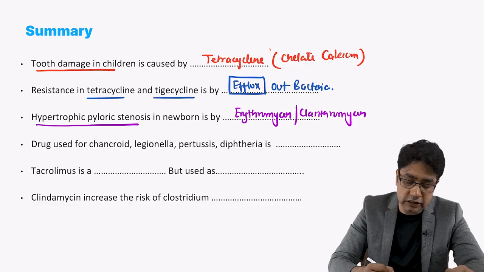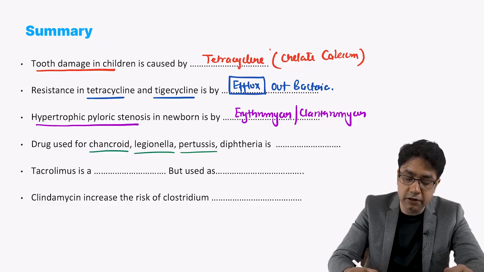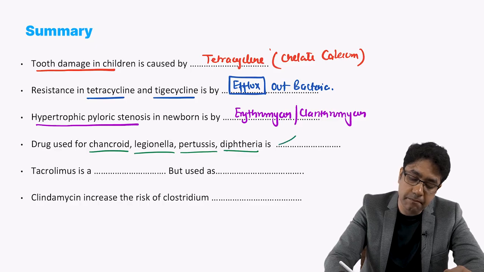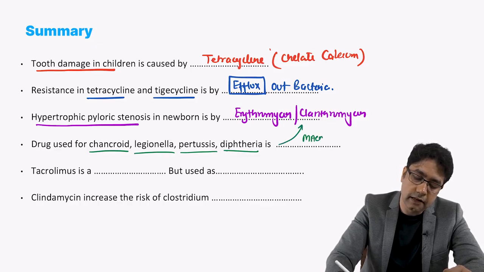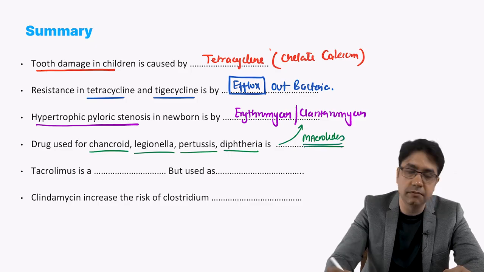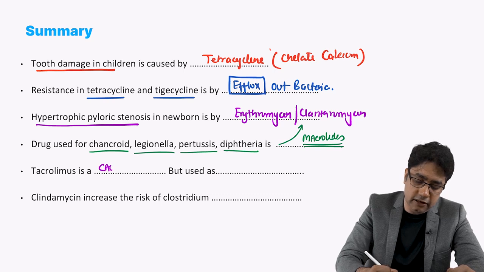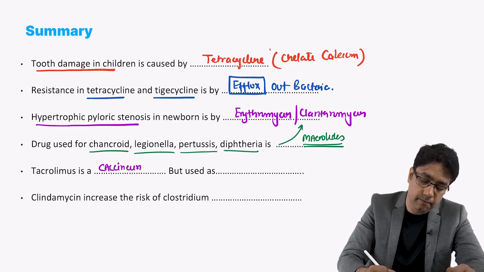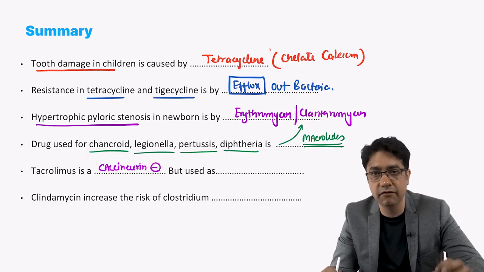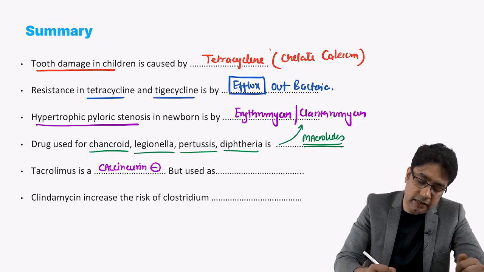What was the drug of choice for chancroid, legionella, pertussis and diphtheria? Same, macrolides like erythromycin, azithromycin, etc. Tacrolimus is a calcineurin inhibitor, and the calcineurin enzyme, we discussed, is present in T cells, T lymphocytes.